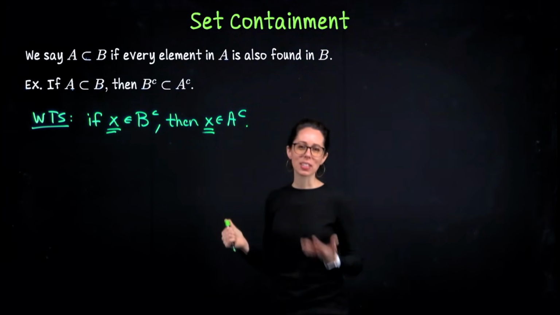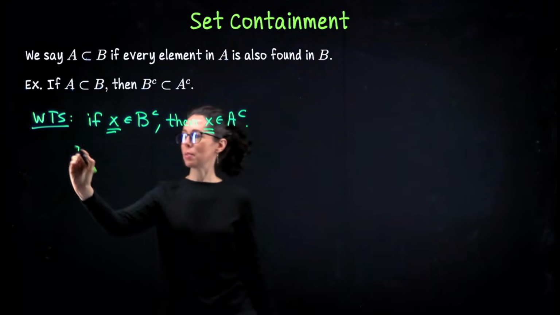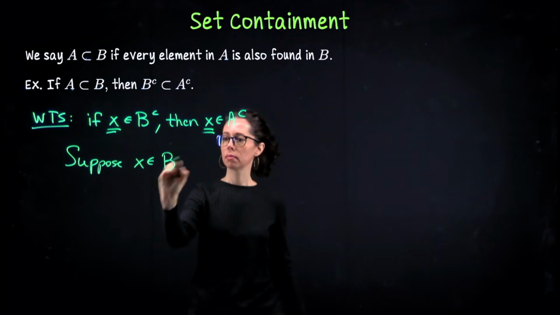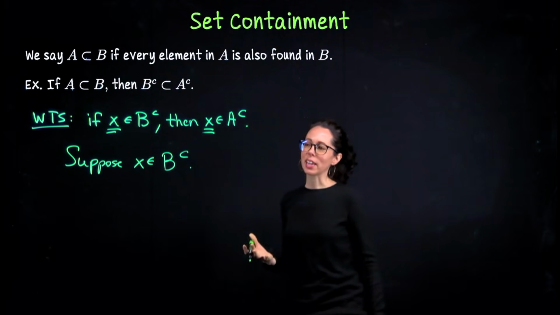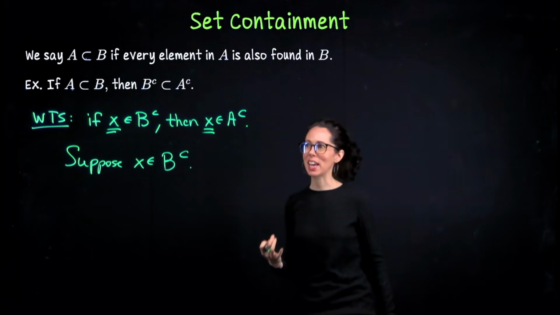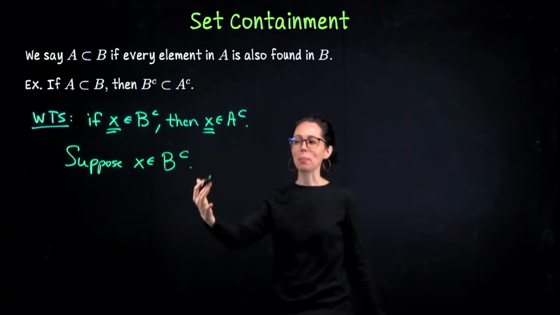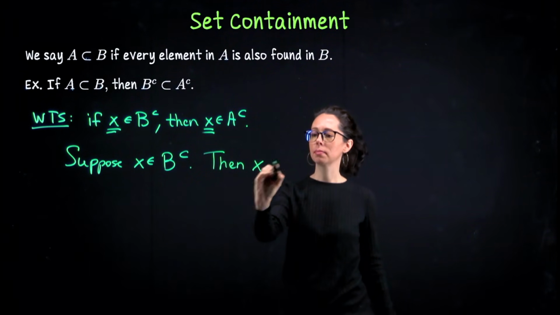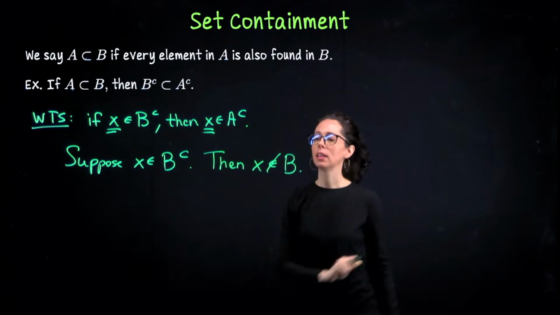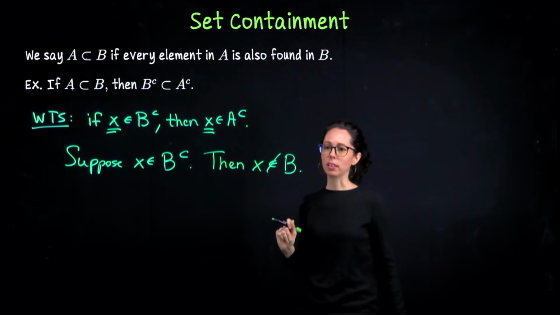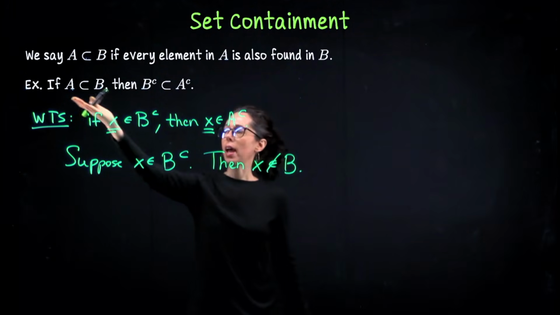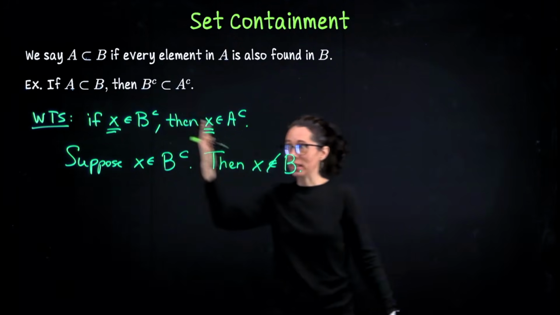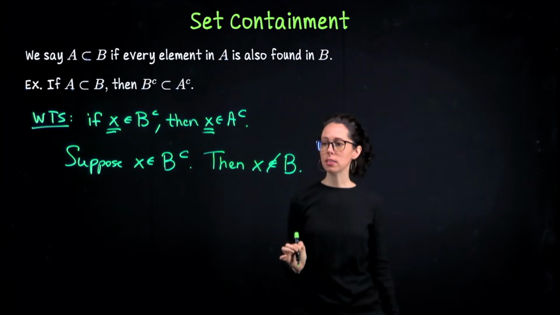Okay, so here's how I would write this. It's going to be pretty quick. Suppose X is in B complement. This kind of set containment here, it's just going to feel like taking symbols here and just explaining what they mean. So if X is in B complement, then X is not in B. You could add a line here saying that every element in A is in B, if you want to. I'm going to assume that comes straight from this hypothesis, the way it's phrased.